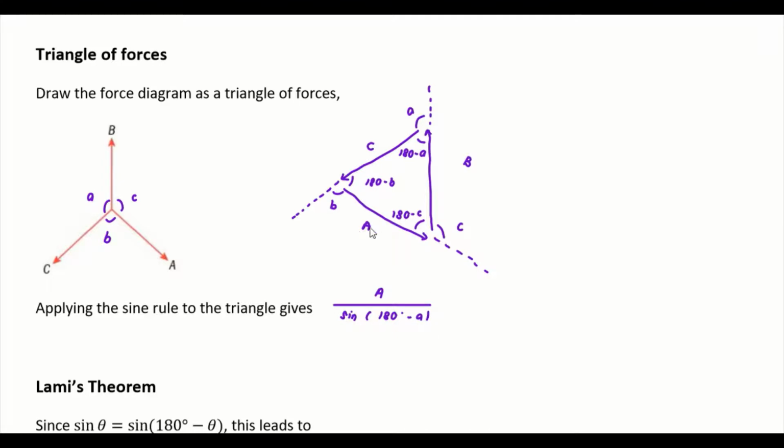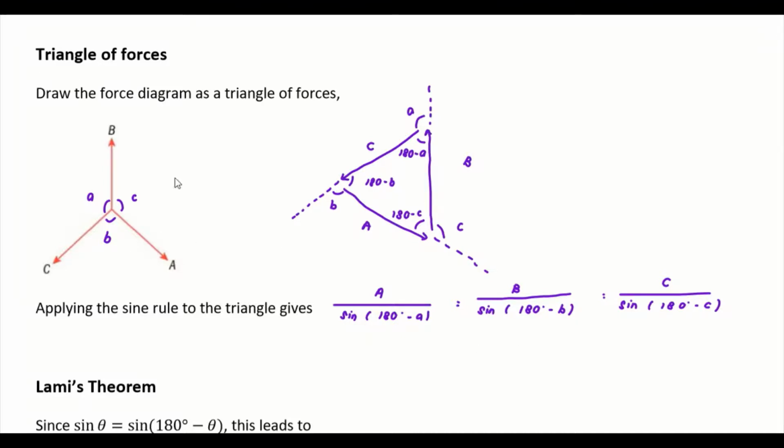So a and 180 minus A will be equal to b over sine 180 minus B. Similarly, I also have my c here, which is opposite of the angle 180 minus C, so c over sine 180 minus C. So this is what we call the triangle of forces, and this is the rule of it.